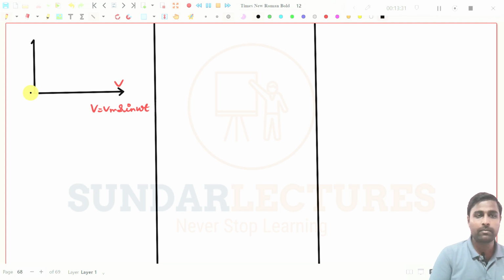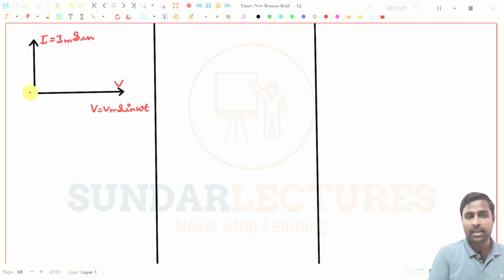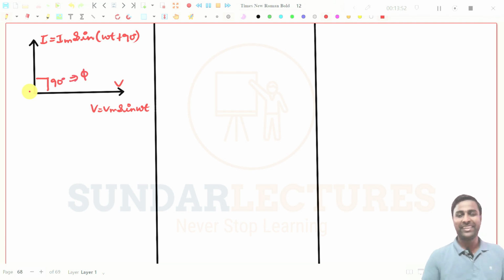This will be I, and I will be equal to Im sin of omega t plus 90 degree. And this angle will be 90 degree, which we call phi.